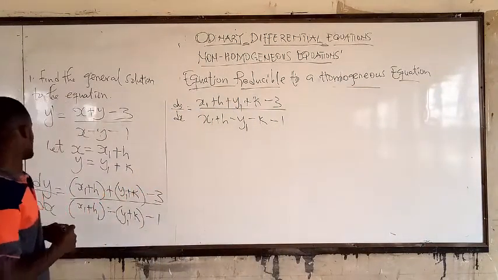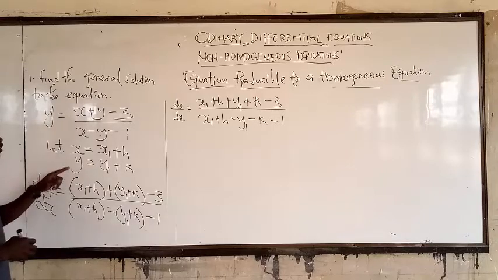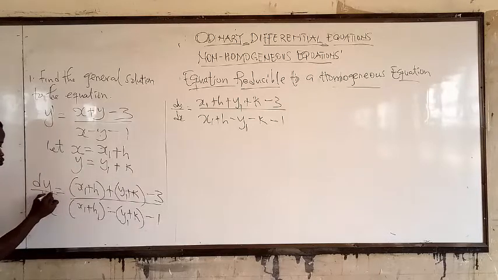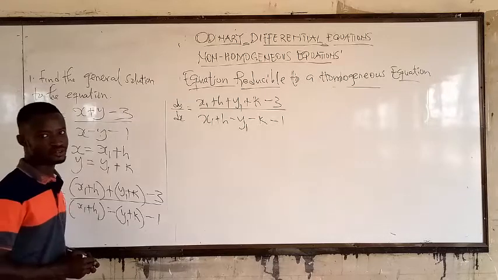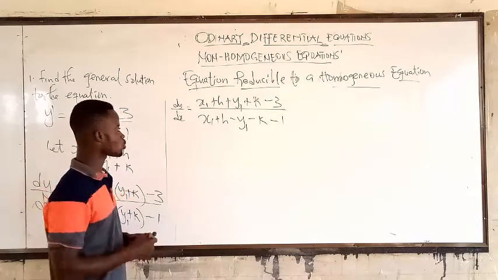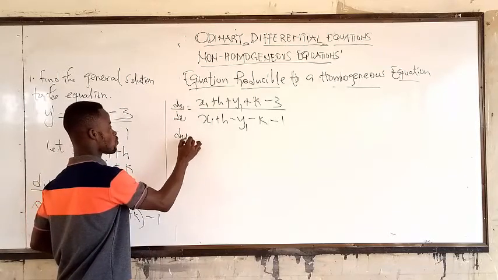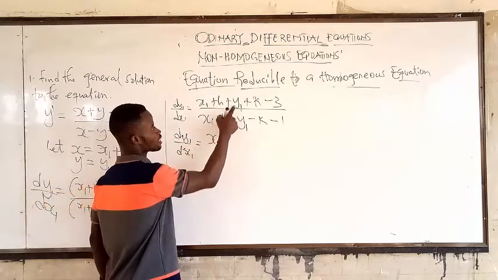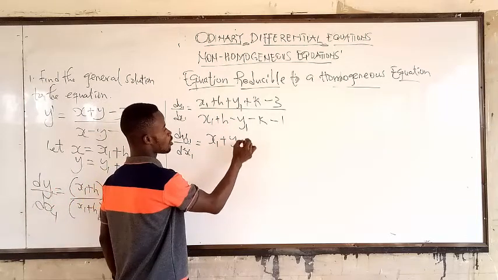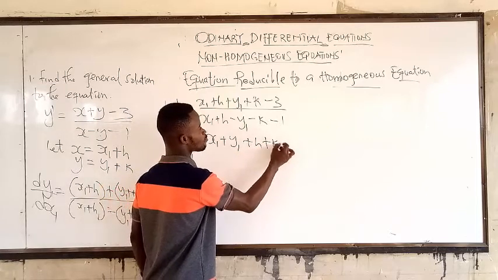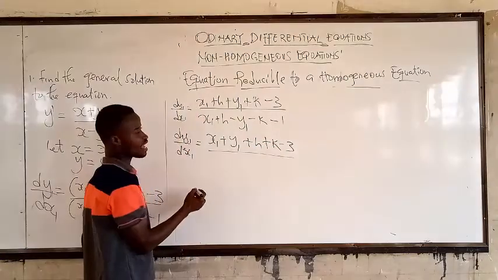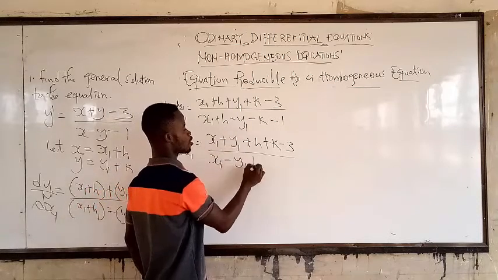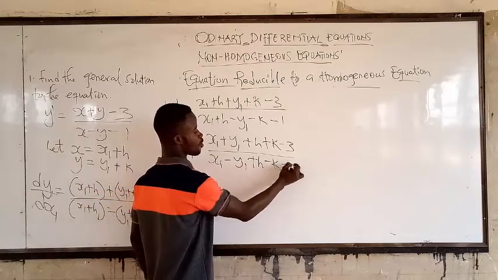Now also don't forget, right after replacing x by this and y by this, you change it to dy1 over ds1. So dy1 over ds1 is going to be equal to s1, then bring this one here, plus y1 plus h plus k minus 3, s1 minus y1, then plus h minus k minus 1.